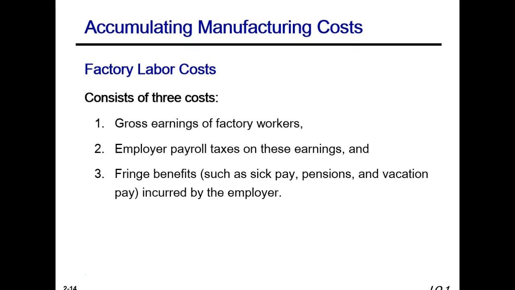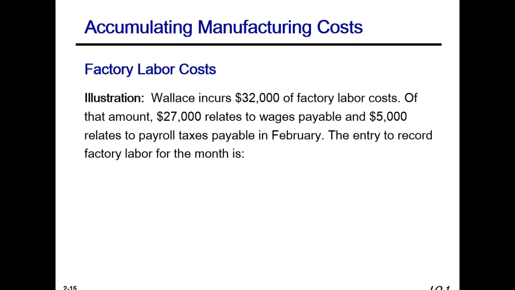Then we have factory labor costs. We have the earnings of the factory workers, the employer payroll taxes on these earnings, and the fringe benefits. So Wallace incurs $32,000 of factory labor costs. Of that amount, $27,000 relate to wages payable and $5,000 relate to payroll taxes payable in February.